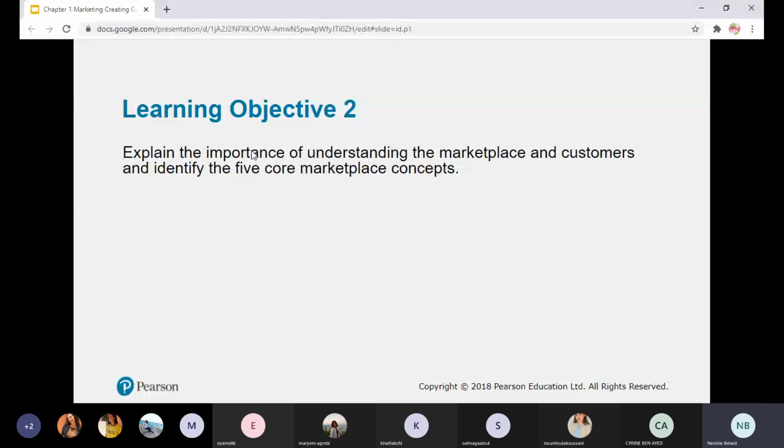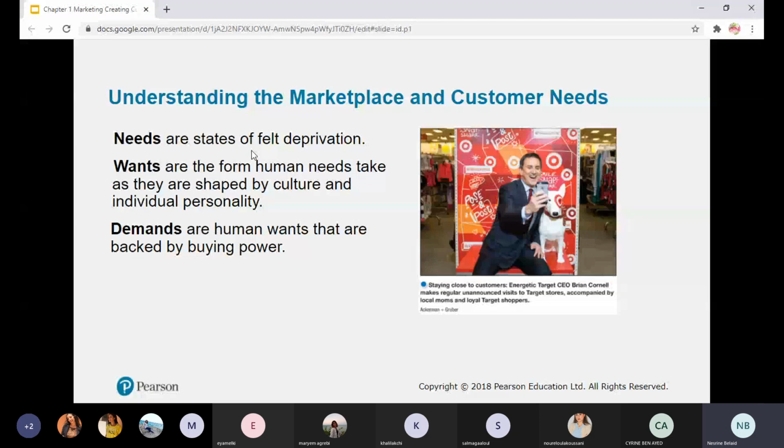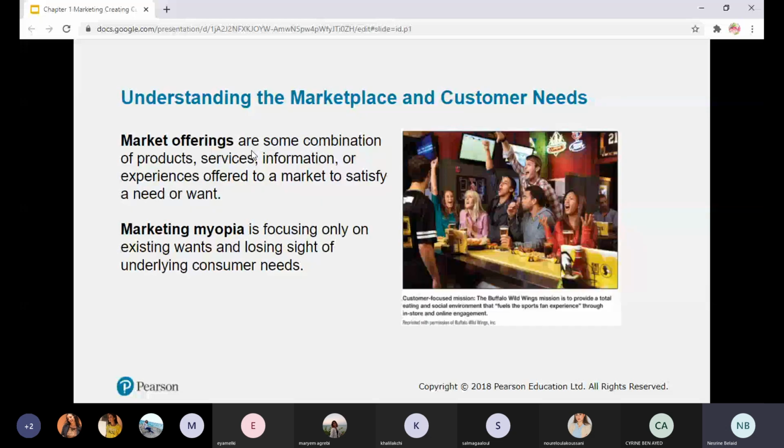We defined the importance of understanding the marketplace and customers, and we identified the 5 core marketplace concepts. Now we understand what needs means, what wants means, what demands mean. They are different. Then the market offering and marketing myopia.